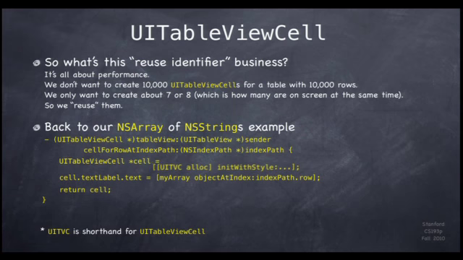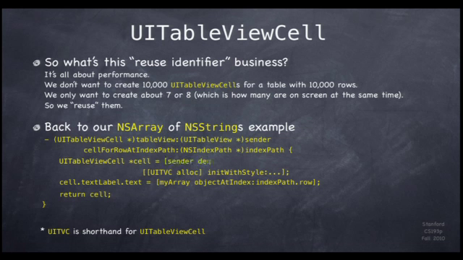All right, well, let's move that out of the way, and instead, let's call this magic method in the table view. Table view is our sender because it's the table view data source delegate method. It's called dequeueReusableCellWithIdentifier, type string. And so you give it a string. And what that says is, go look on my pile of table view cells that I want to reuse and grab me one.